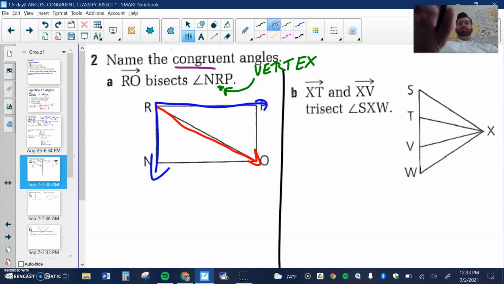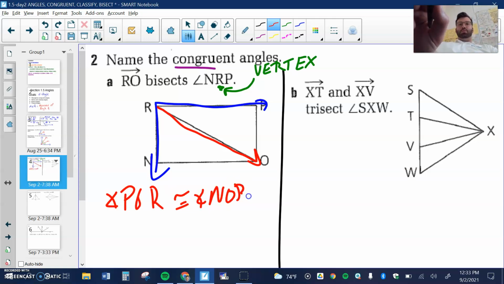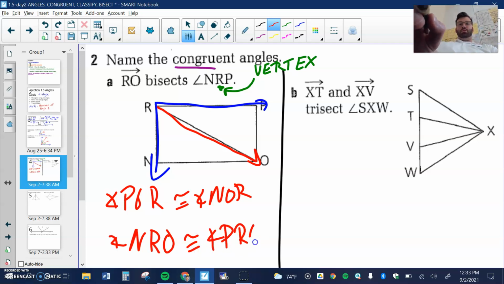So we have 2 options here. Don't write this down. This is one of our options. This is another option. Now, the first option has O as the vertex.